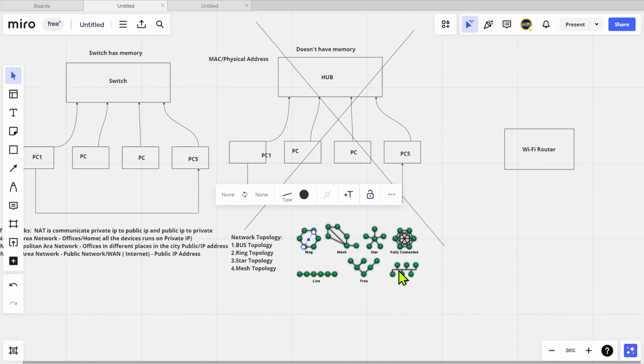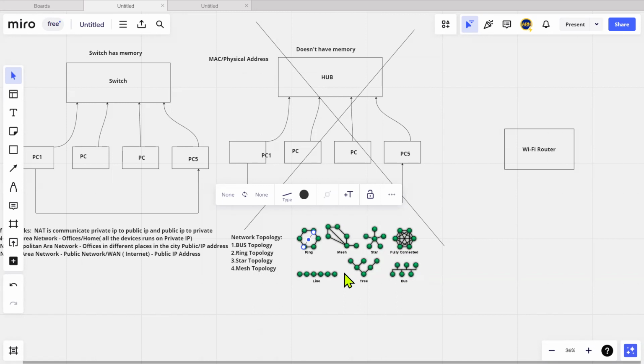And for this one, if this computer wants to send information to this computer, the request will go like this. Okay, so all fully connected, or mesh. Mesh is also like this. So due to other designs, the data will flow slowly.